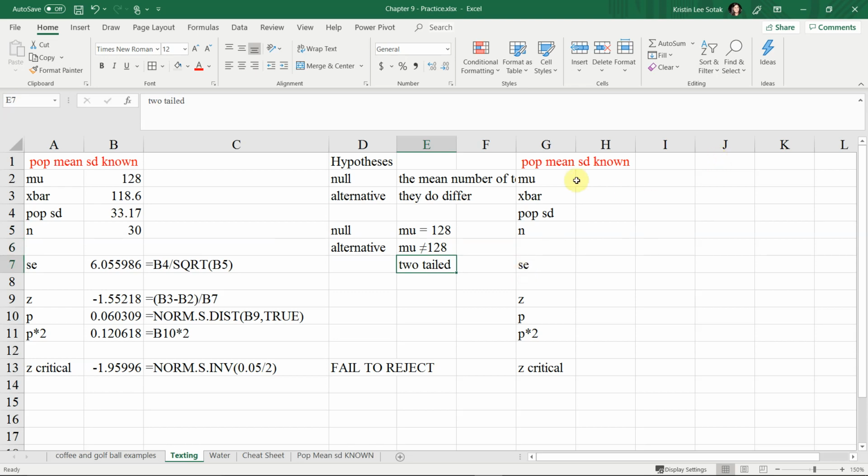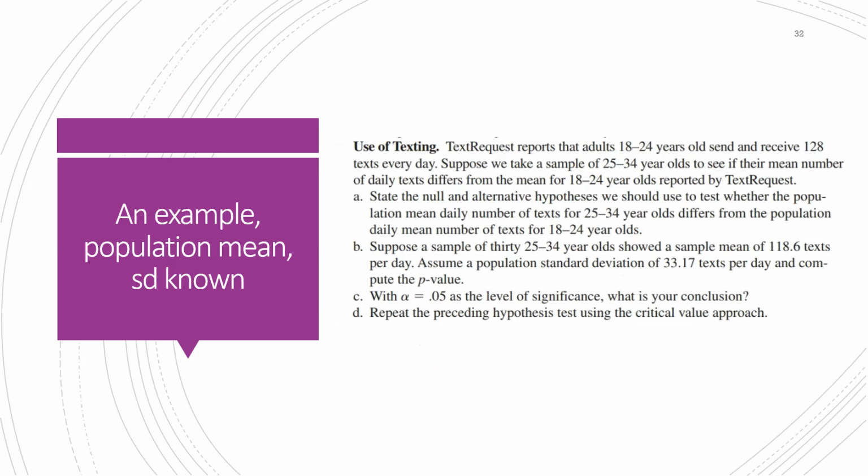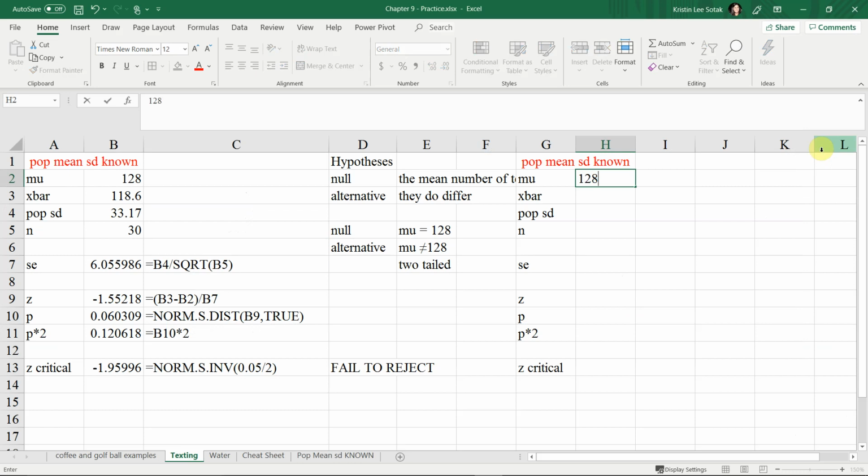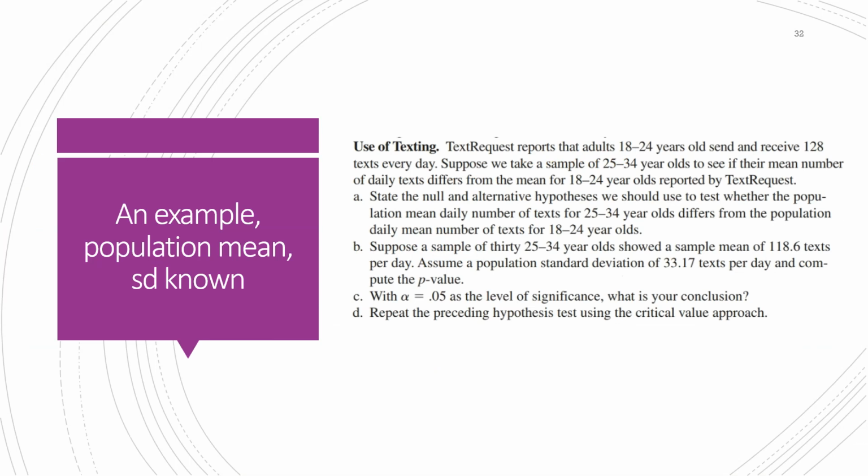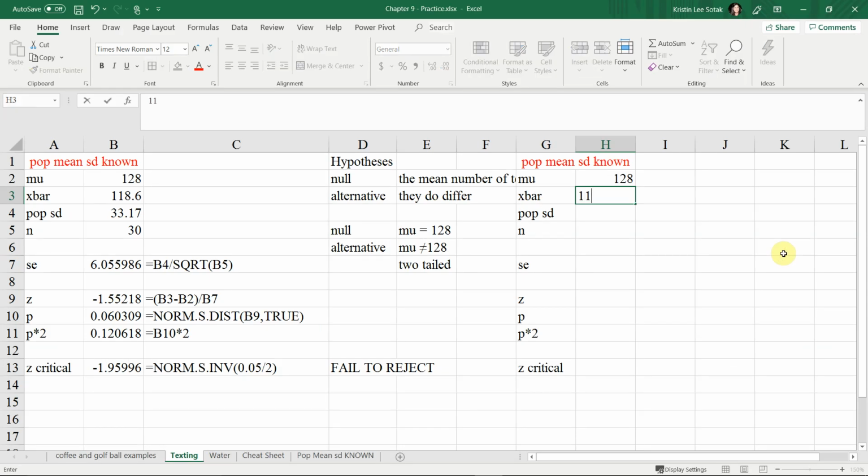So let's go through the information that we know. Mu is 128. That is the population parameter for the other age group. And then we're comparing it to our sample. What's our sample? Sample mean of 118.6. We're just writing down our known information.